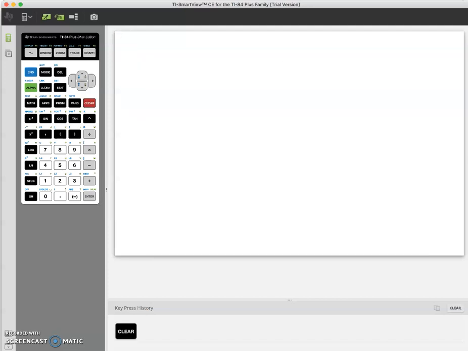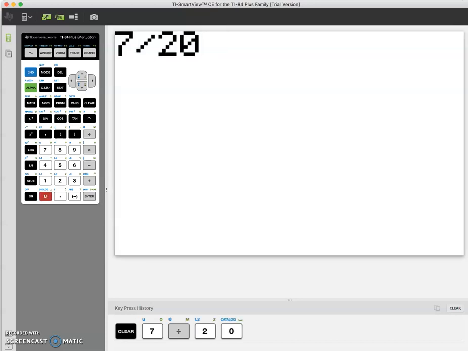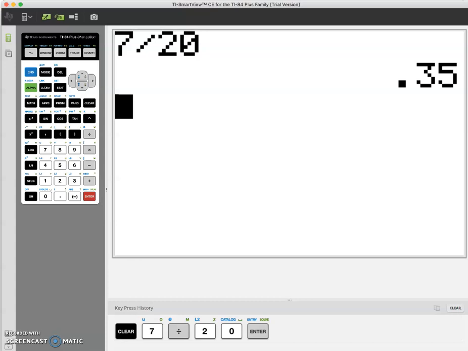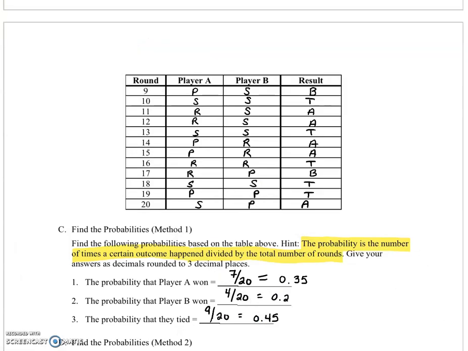So if you need to type a fraction to get a decimal, you just type the numerator, the number on top, divided by the denominator into your calculator. So 7 over 20, and that gives us 0.35. So that's how I got those numbers, in case you're wondering.